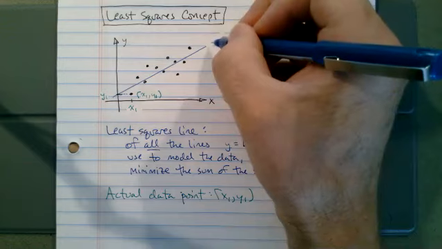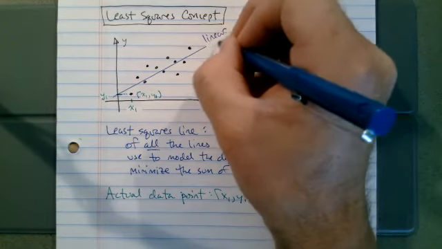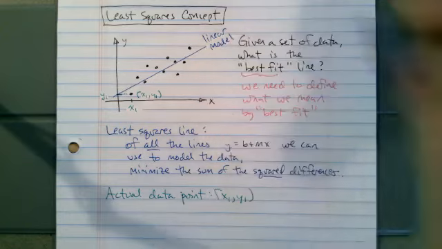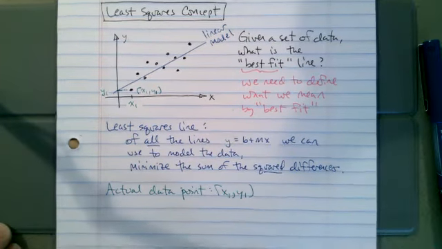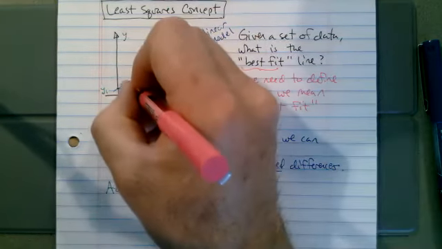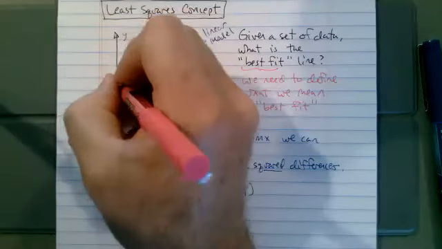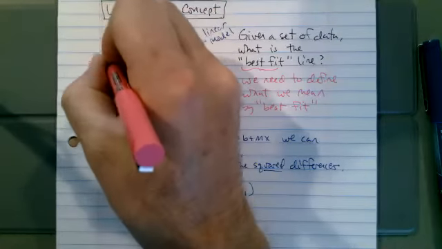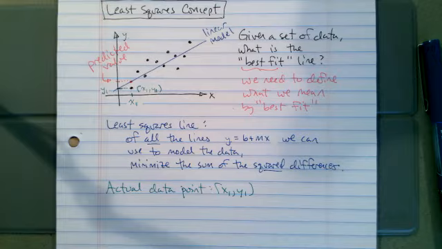So here is a model. One of the uncountable infinity linear models. Then there's the linear model's prediction at this point. Then there's going to be a predicted value.